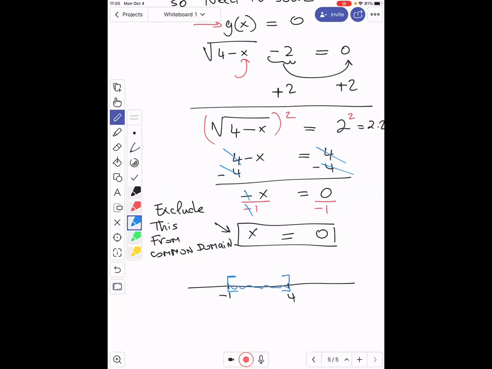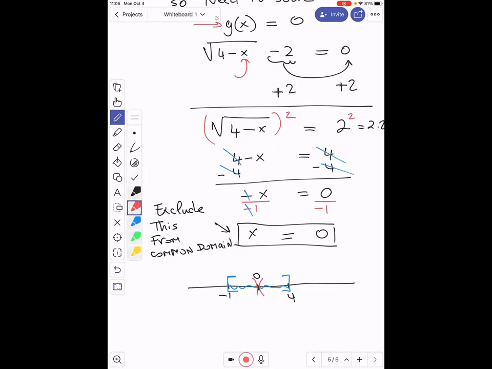And now what I'm saying is that I need to exclude 0 from the common domain. And 0 is between -1 and 4, right? So 0 is somewhere right here. So we need to exclude the 0. If we exclude the 0, you're going to have parentheses at 0, because we are excluding 0.